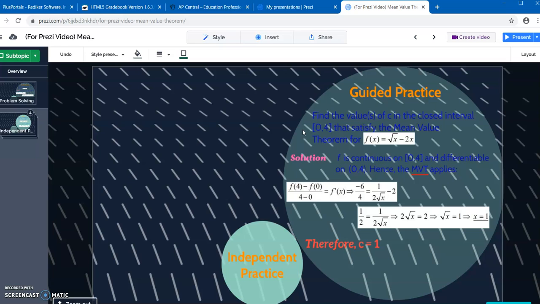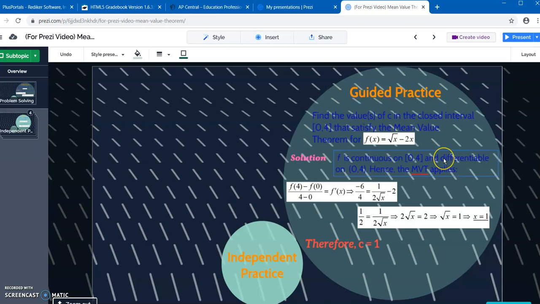Find the value of c in the closed interval [0, 4] that satisfies the mean value theorem for f of x equals square root of x minus 2x. In this solution, we need to ensure that the hypothesis of the mean value theorem is satisfied, and then we can apply the mean value theorem.